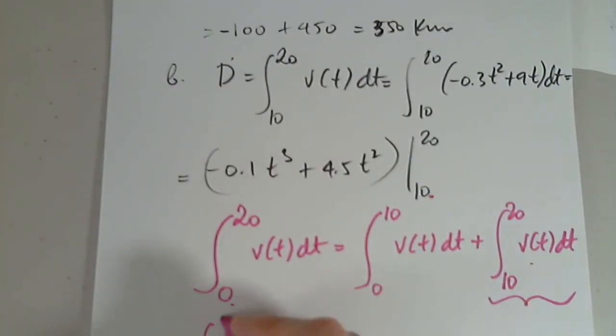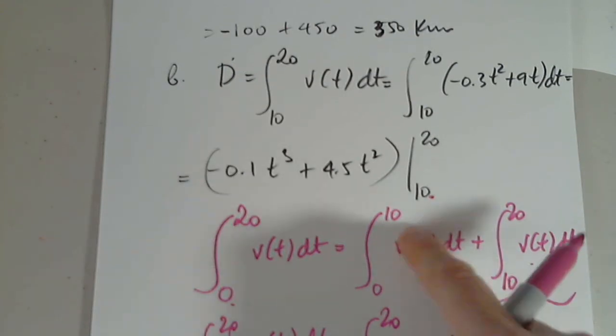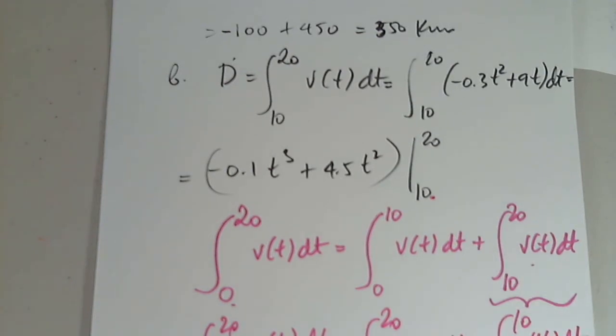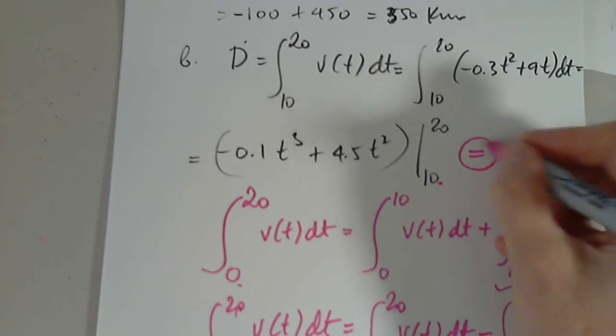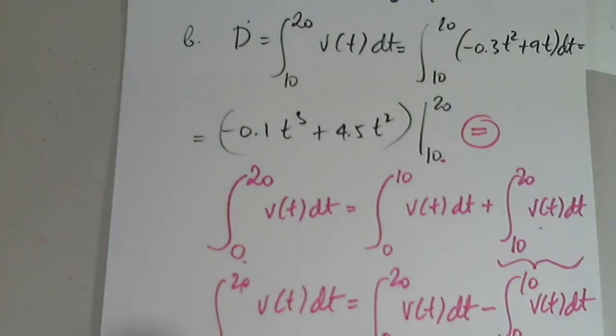So the integral from 10 to 20 of v of t dt is the same as the integral from 0 to 20 of v of t dt minus what we determined in part A. It doesn't matter how you want to proceed. They will give us the same answer. So let's say we continue here, or we want to determine this. It doesn't matter. Okay, so I plug in 20, negative 0.1 times 20 cubed plus 4.5 times 20 squared. Careful now, minus when I plug in 10.